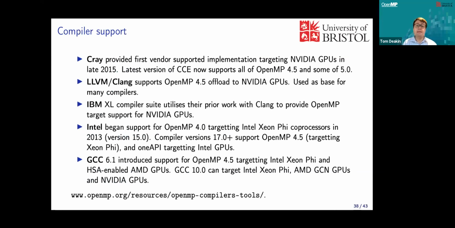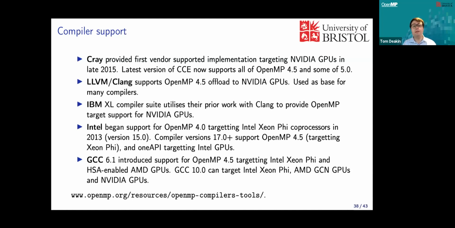LLVM and Clang often have a lot of the bleeding edge implementations of OpenMP 4.5 offload, in particular for NVIDIA GPUs, and it's used as the base for many compilers, including Cray's. A lot of that work originally came from IBM with their XL compiler suite, and they contributed a lot of the early work into LLVM.